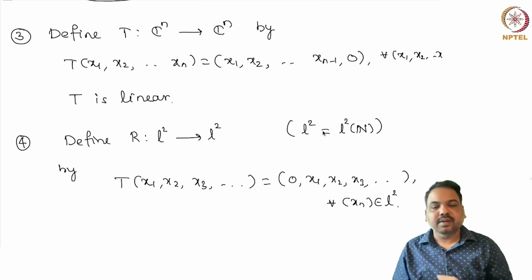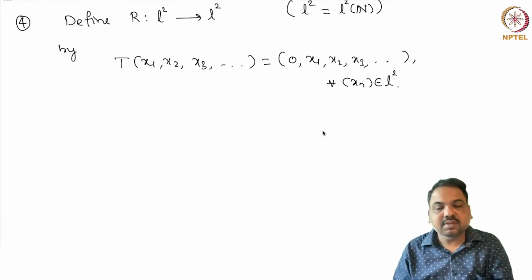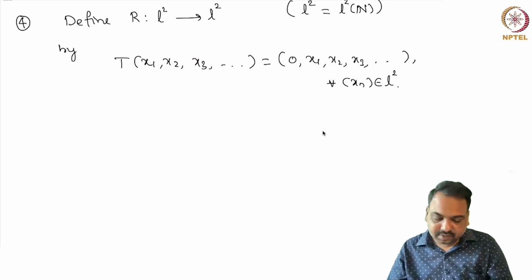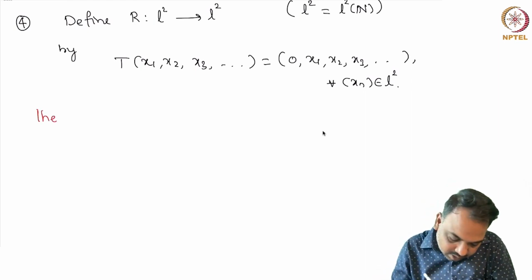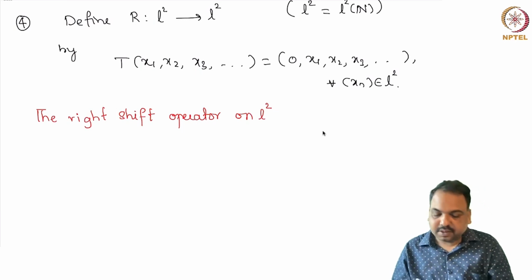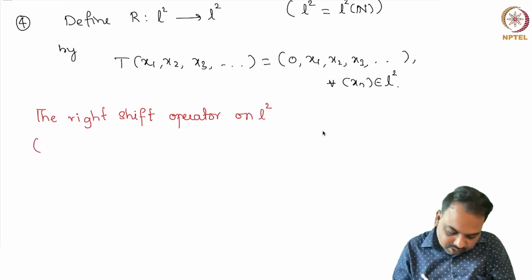Again we can check that this map is linear, and this map is known as the right shift operator. The reason is that it shifts one unit to the right every time, so it is called the right shift operator. This is also known as the unilateral shift operator.